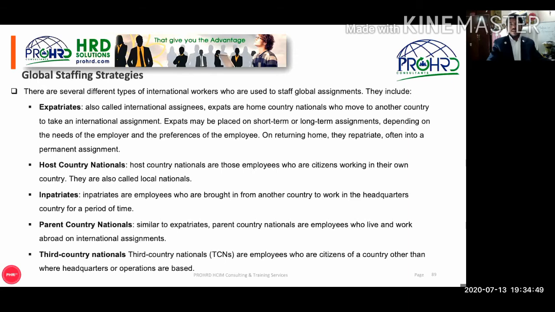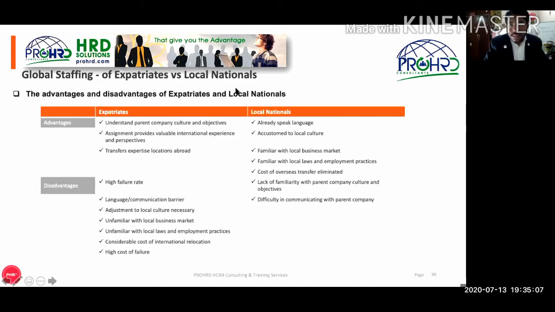Now we are looking at expatriates versus local nationals. For example, I am an expatriate and Kuwaiti nationals are there. What are the advantages and disadvantages? The advantages of having expatriates: they understand the parent company culture and objectives.